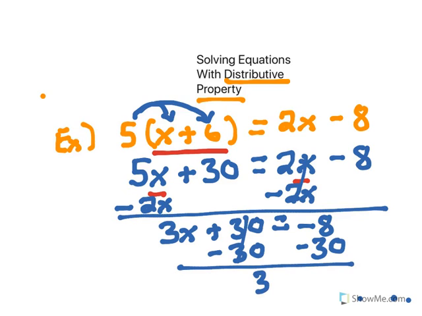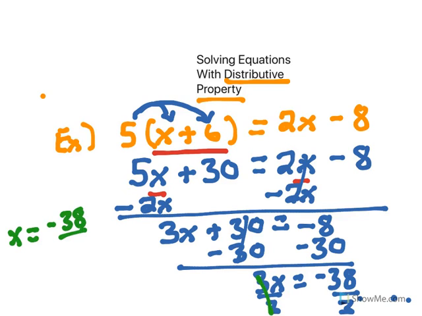So I get 3x is equal to negative 38. And from here, I'm going to divide both sides by 3. I'm going to write my answer off to the side here because I'm kind of running out of room. But when I do that, I'm going to get x equals negative 38 divided by 3.